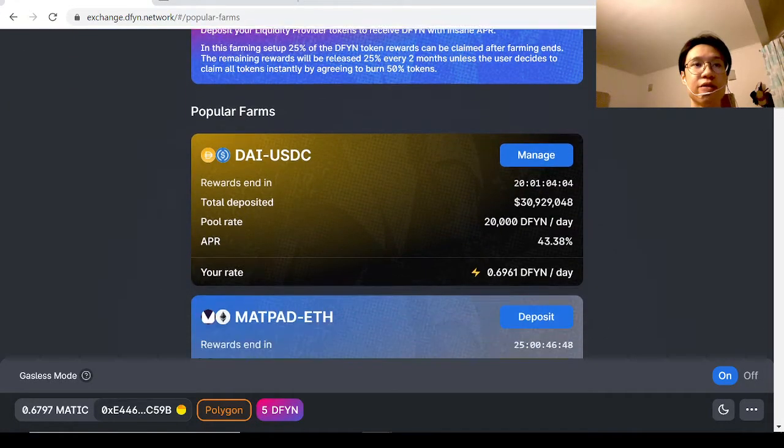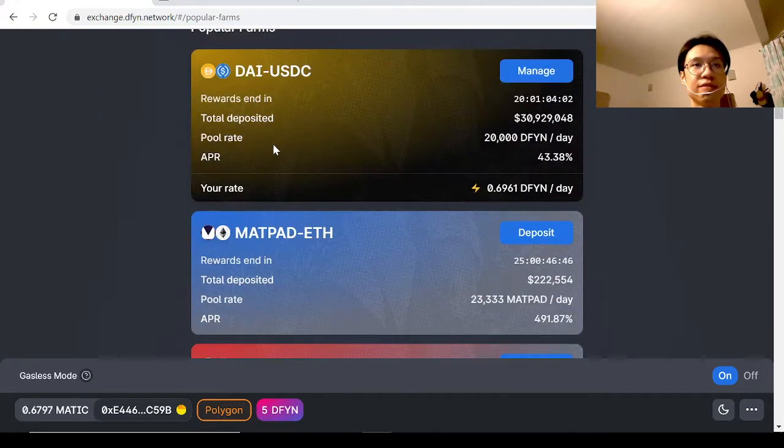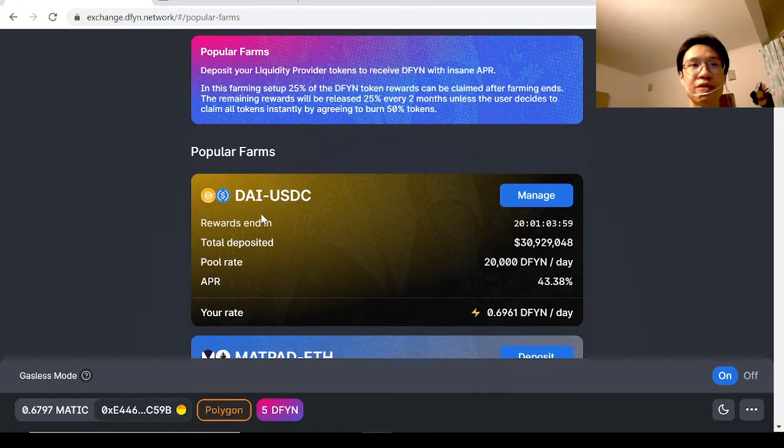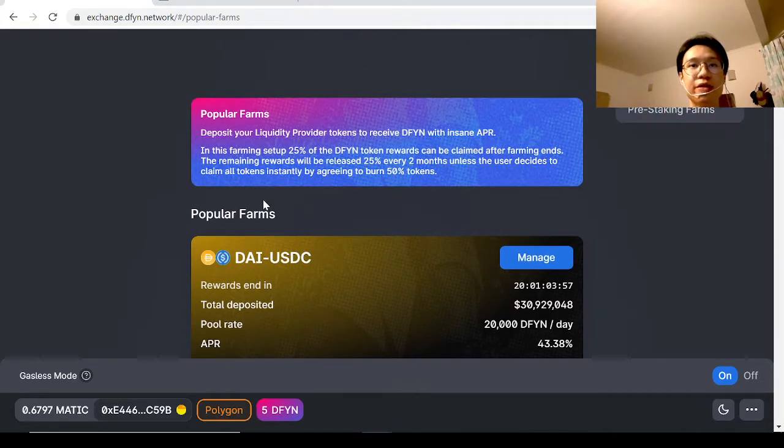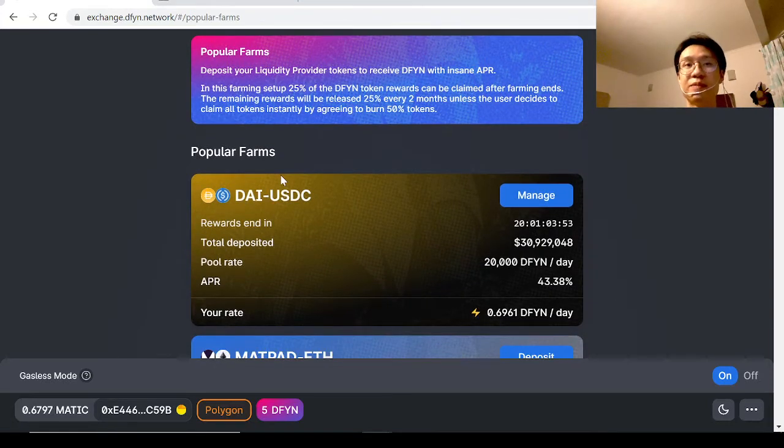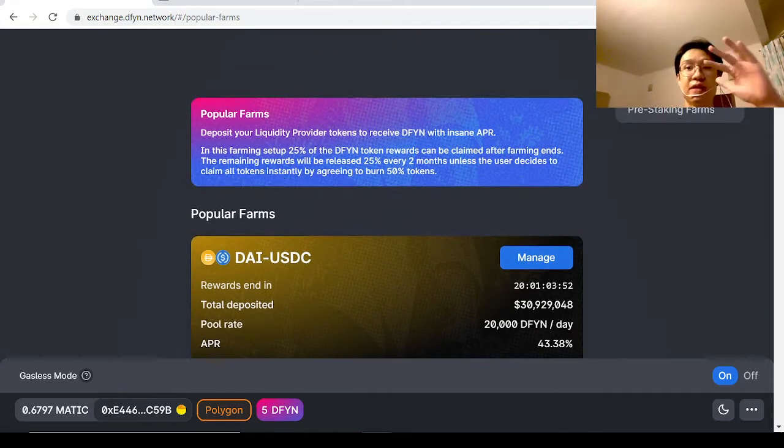and you can see there's a lot of farms here, but this is the farm we're talking about. DAI is a stable coin, right? And USDC. So you want to pick those that only have stable coins. Why? We already explained earlier. If you use stable coins, they're stable, they're not moving anywhere anytime soon. Your investment's going to be pegged to the USD. There's not going to be any losses just because you held it.